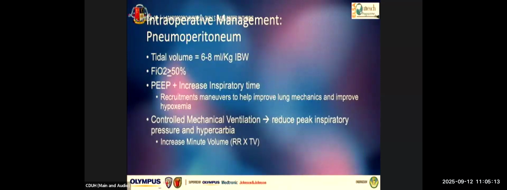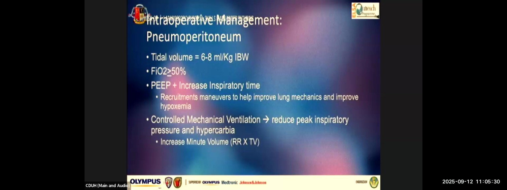Now, as mentioned earlier, the most significant factor that alters pulmonary and cardiovascular physiology is the increased intra-abdominal pressure. So the tidal volume is usually maintained at 6 to 8 ml per kilogram ideal body weight.